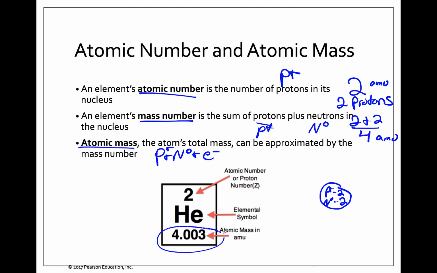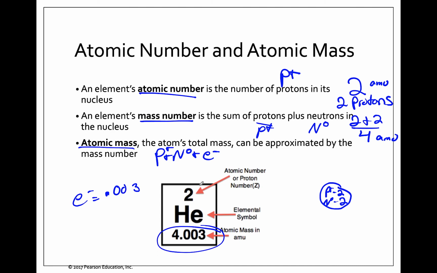And you can see in this case that's 4.003. So if you do the math real quick, that means that the electrons only weigh 0.003 for the element of helium. Electrons weigh so little that generally the mass of an electron is negligible unless you're looking at something that has a lot of electrons.